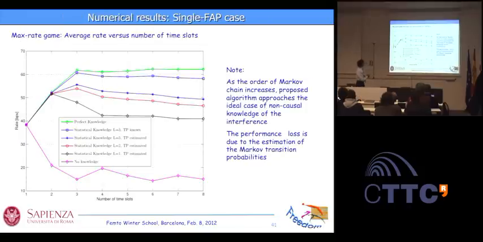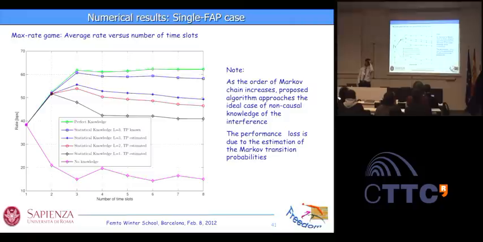So first result here, I plot the expected rate as a function of number of time slots where we allocate power for different conditions. The green one, the top one, is the case where we know in advance the activity of the interference. Like we know the future.